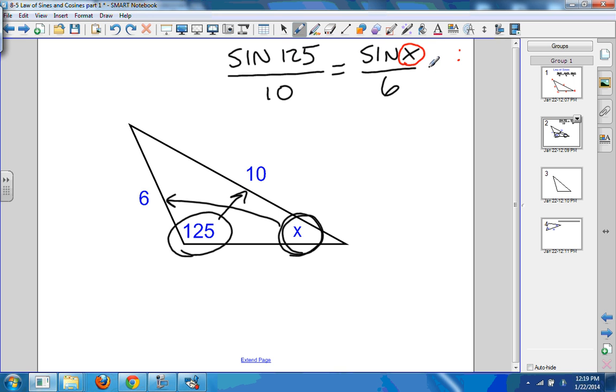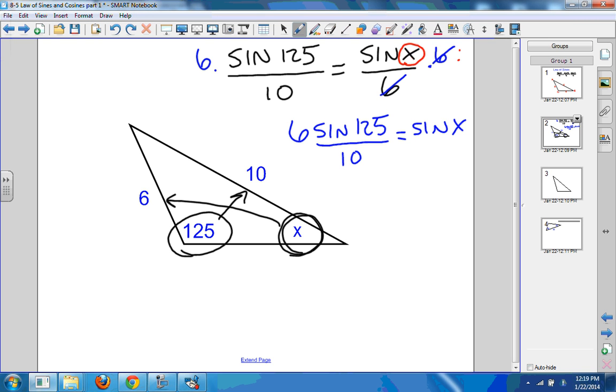So times 6, times 6, and that 6 over 6 cancels out, and we get 6 times the sine of 125 divided by 10 is equal to the sine of x. These problems look a little more complicated and they take some more time to put in our calculators.